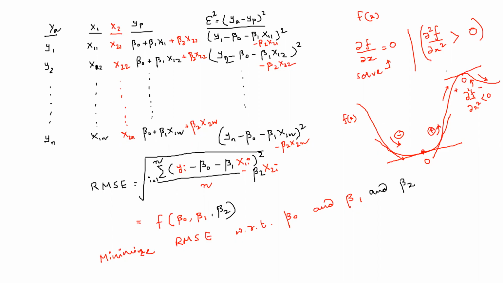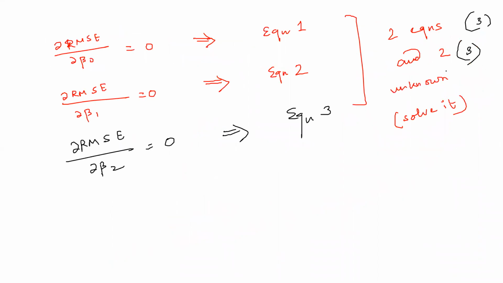Now, there are some factors we have to think about when we get this beta 0, beta 1, beta 2. I got the best possible beta 0, beta 1, beta 2, and the lowest possible value of the RMSE. However, this lowest value of the RMSE is dependent on what I have chosen as x1 and x2.